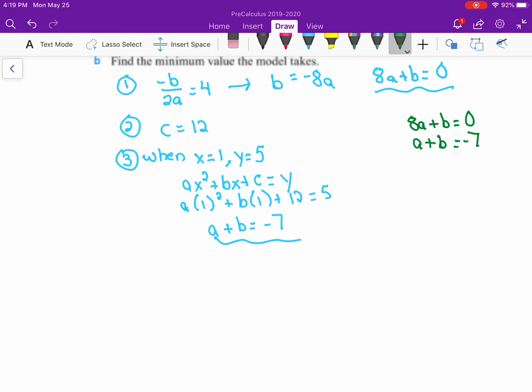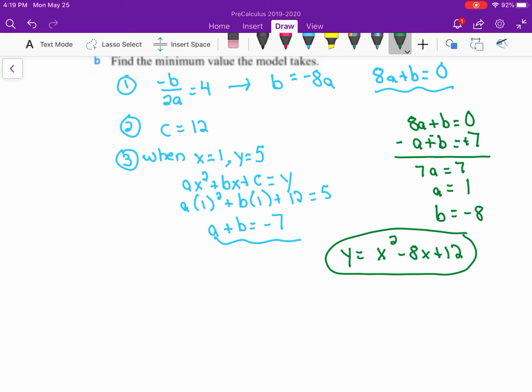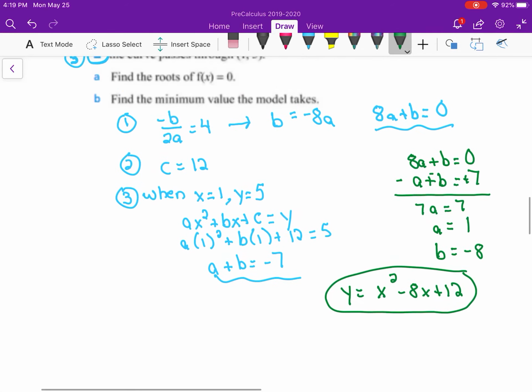And if you do that, you will end up with 1 and -8. You could also just look at this and realize quickly, if I multiply this whole thing by a negative, I end up with 7a equals 7, so a equals 1. Plugging that back in, b equals -8. So whatever is easiest for you, but that gives us all our variables. So a is 1, so we have 1x squared minus 8x plus 12, and that gives us the equation of the parabola that satisfies those requirements.